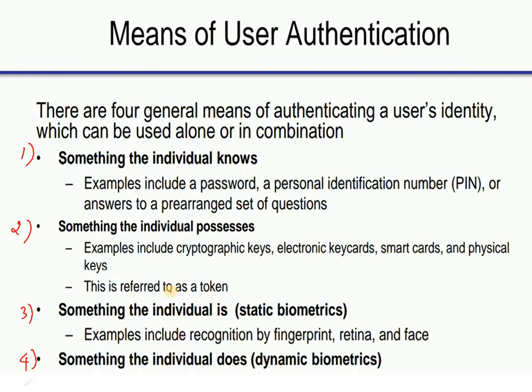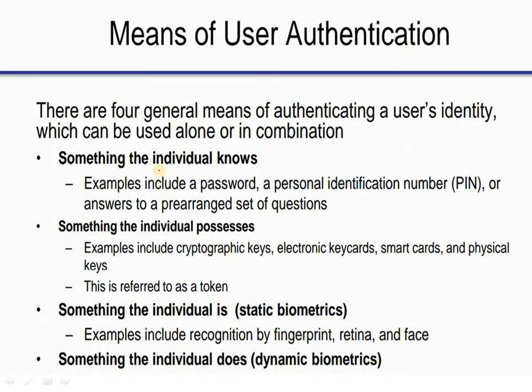These means can be used together, or we can use a single means for the authentication of the user. So there are four general means of authenticating a user's identity, which can be used alone or in combination.